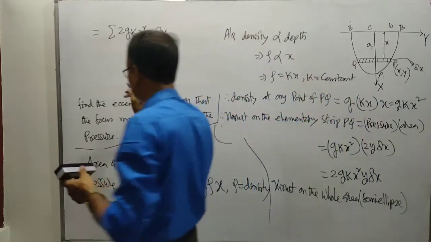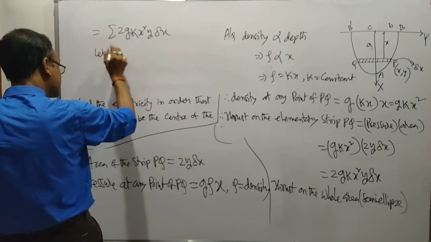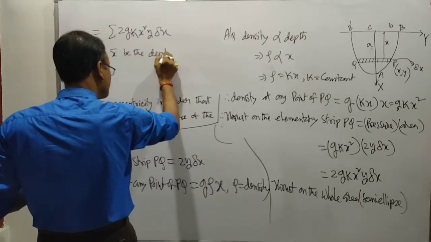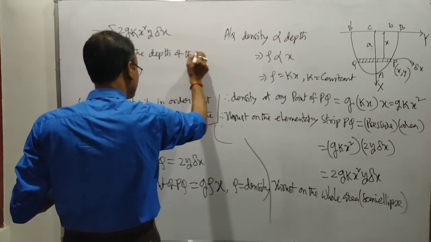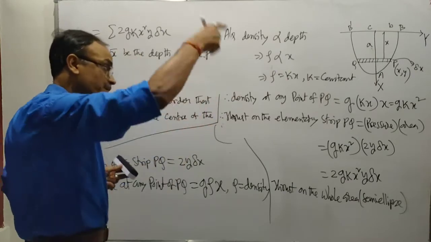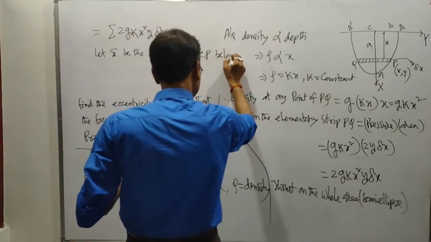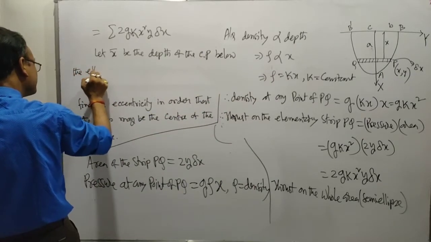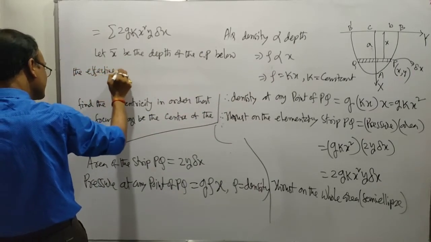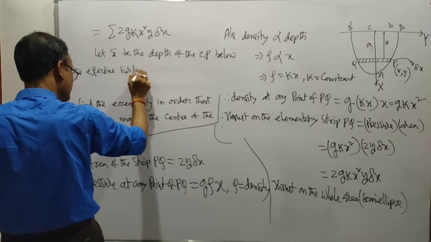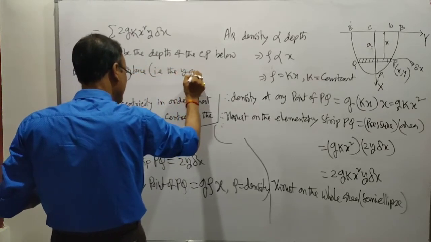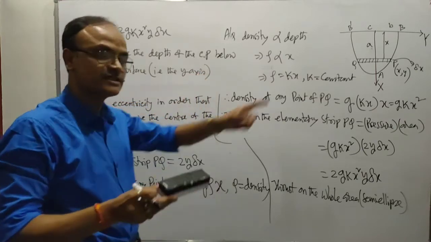Suppose we first find x bar, let x bar be the depth of the center of pressure below the effective surface. That is the y-axis, or that is the minor axis of the ellipse.